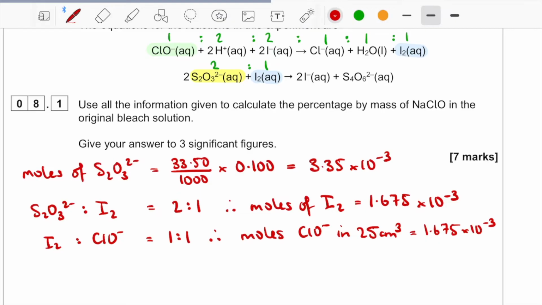However, that conical flask had a quarter of the original moles. So therefore, there are 4 times that 1.675 times 10 to the minus 3 moles in the original sample.